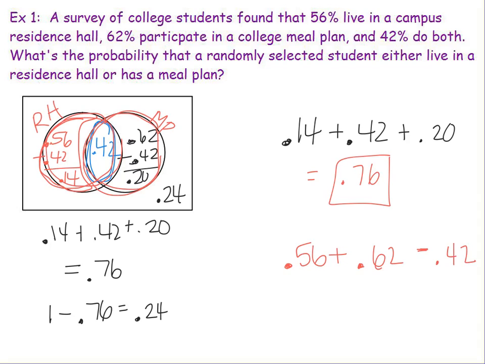And so if you add those two numbers and subtract 0.42, we get the exact same answer we just found. So you have two options in solving these problems. You can use the Venn diagram, which a lot of students think the visual is very helpful, or you can use the formula. But for the rest of the examples, I'm going to focus on the Venn diagram. So let's keep going.